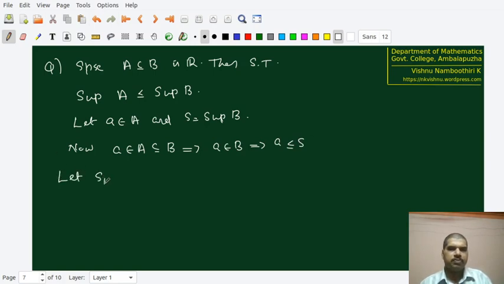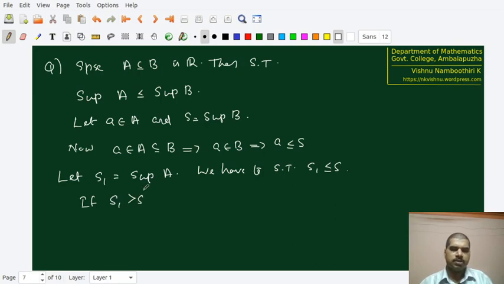Let S1 equal the supremum of A. So we have to show that S1 is less than or equal to S. If S1 is greater than S, then S is less than S1, and we again find the midpoint: S less than (S plus S1)/2 less than S1.